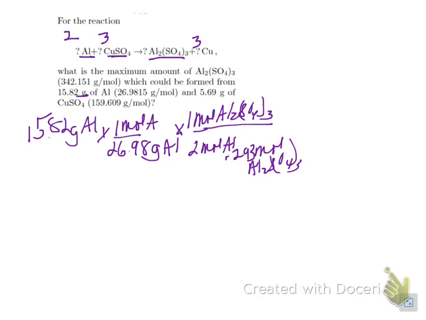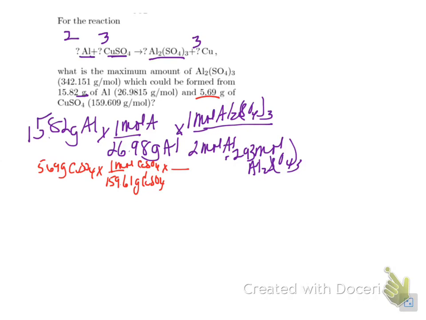Now I'm going to do the same thing with my 5.69 grams. I'm going to change the color of my pen to do that. So using the 5.69 grams of copper sulfate, what I know is the molar mass of copper sulfate is 159.61 grams of copper sulfate is 1 mole of copper sulfate.